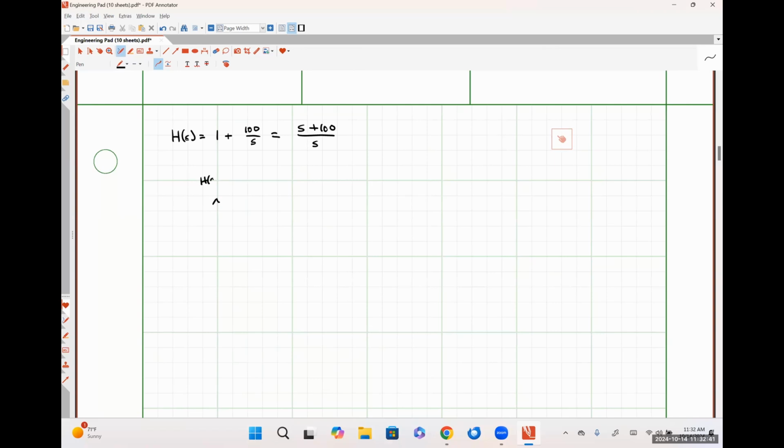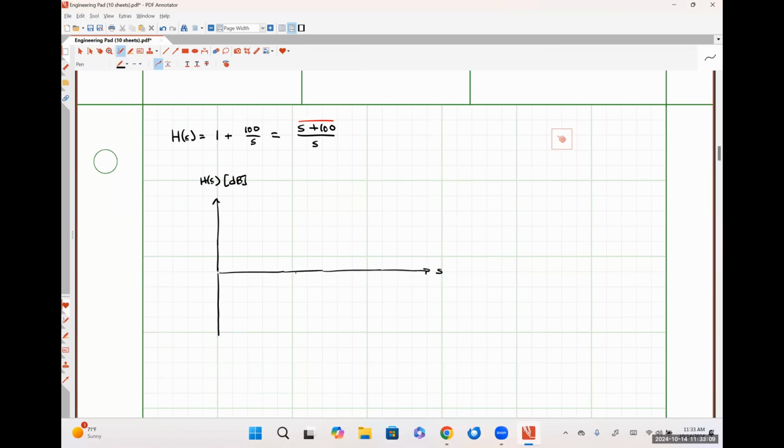So H of S in dB, so here's S, right? So I'm going to do my numerator in red. And so that is having a 0 at S equal to 100.